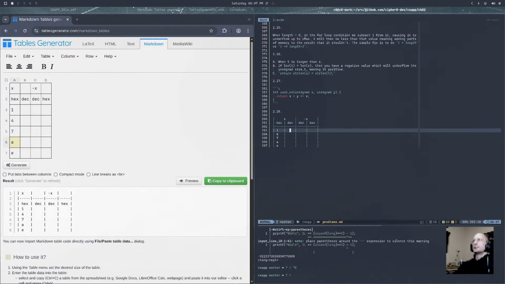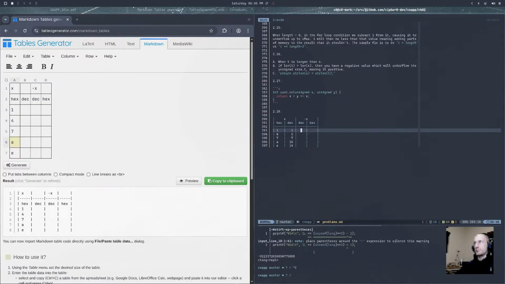Alright, decimal of hex is 1, 4, 7, A is 10, E is 14. I think I prefer it to be like that. A, B, C, D, E. Yep, 14.